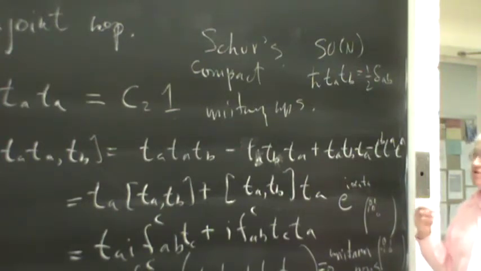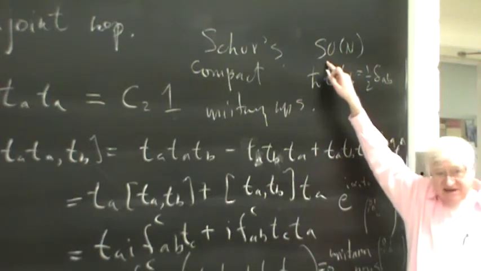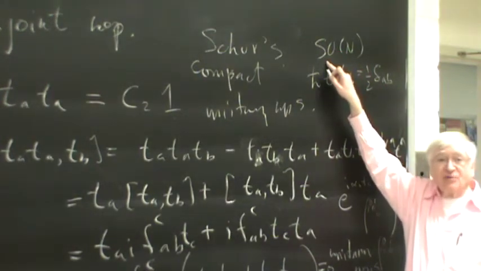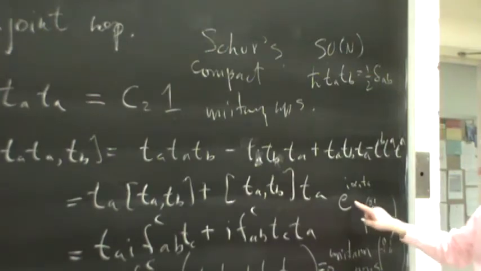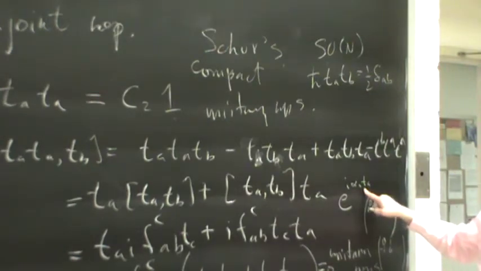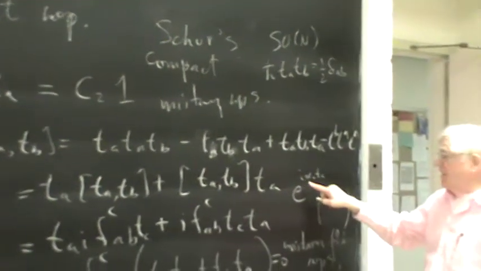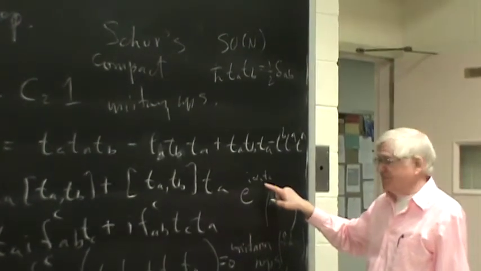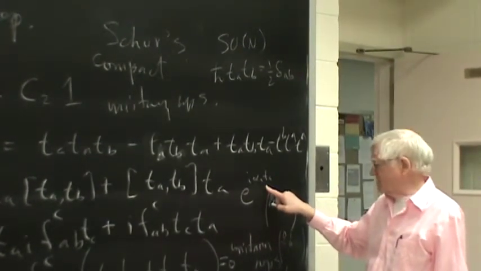And so what this means effectively is that to a first approximation, you need N squared of them. But there's one that you don't want because we're talking SU(N). The determinant has to be 1. And the determinant of a matrix like this is actually the exponential of the trace of the logarithm.